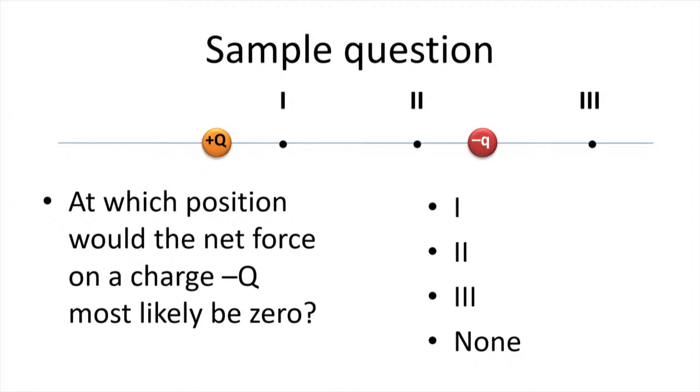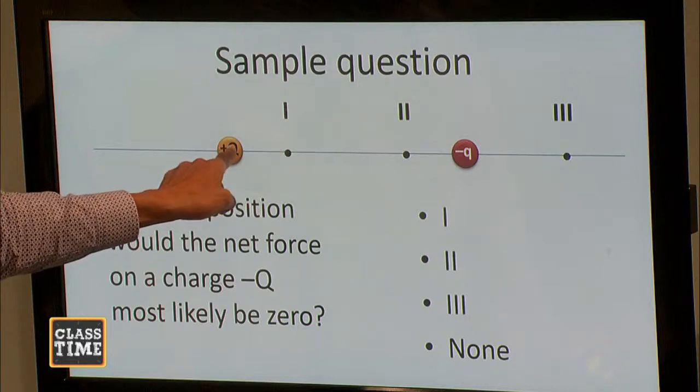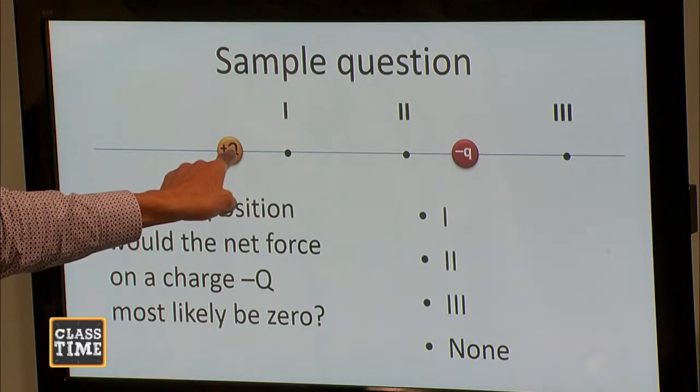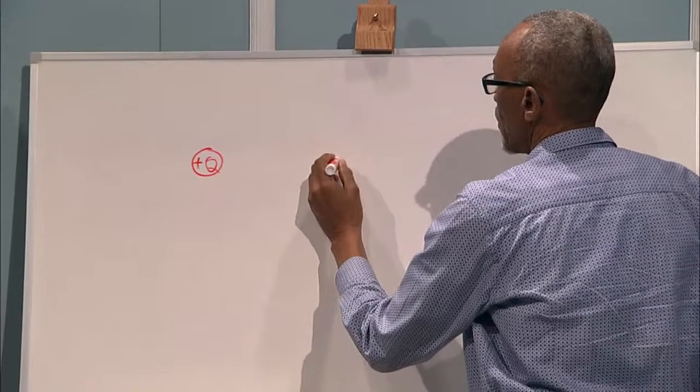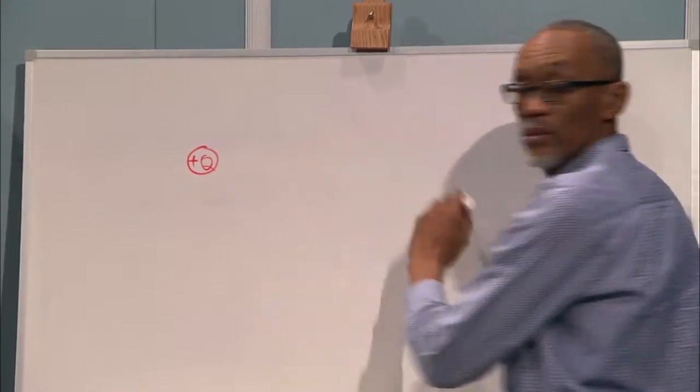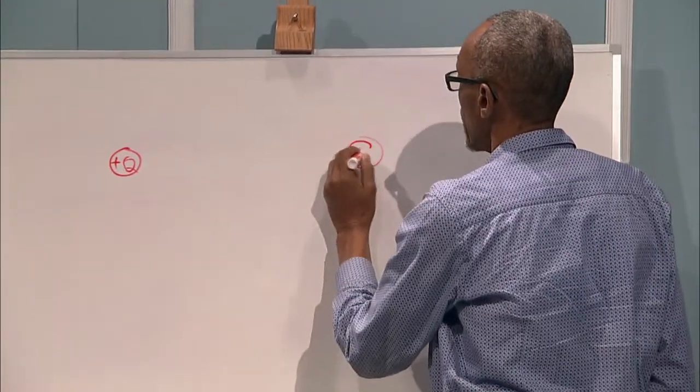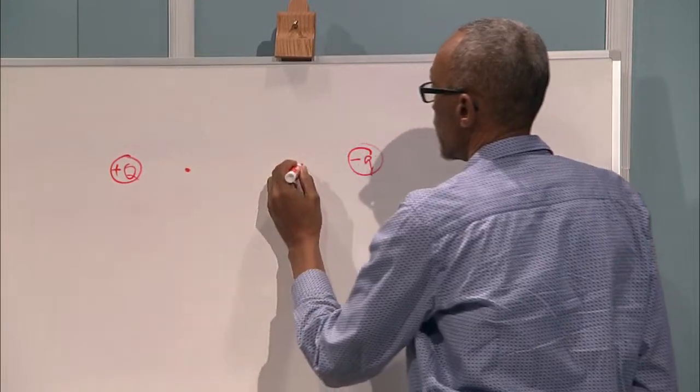Let's look at position 1. Now at position 1, it was a negative charge. So if we have a negative charge here, this charge will attract it this way, so it will experience a force that way. All right, maybe I should draw it. So what we have is a positive charge and a negative charge, and we have 2 positions here.